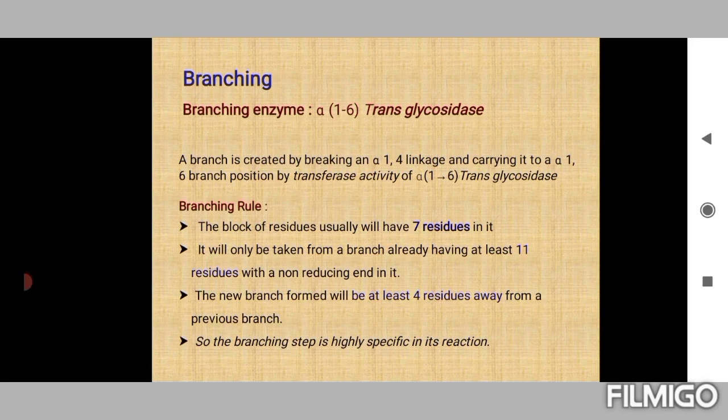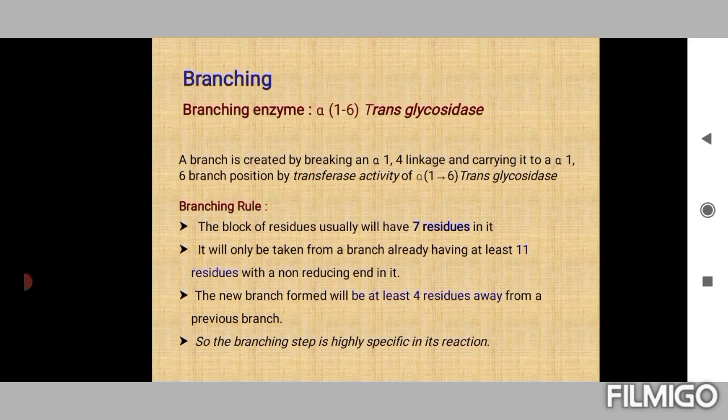A branch is created by breaking an alpha 1,4 linkage from a linear chain, and a stretch of glycosyl residues is taken to another position where it is bonded in alpha 1,6 bonding. This is how a new branch is formed, and there are definite branching rules. Whenever a segment of glycosyl residues is taken from a linear chain, it will have 7 residues.